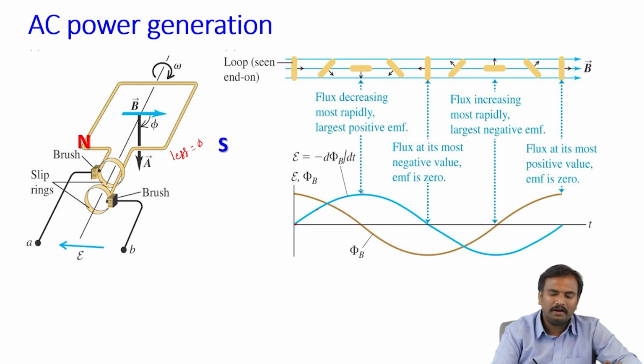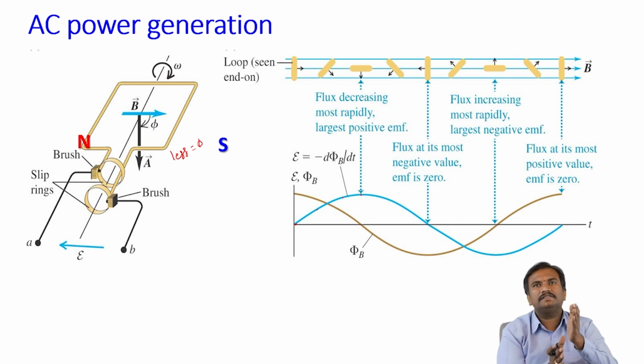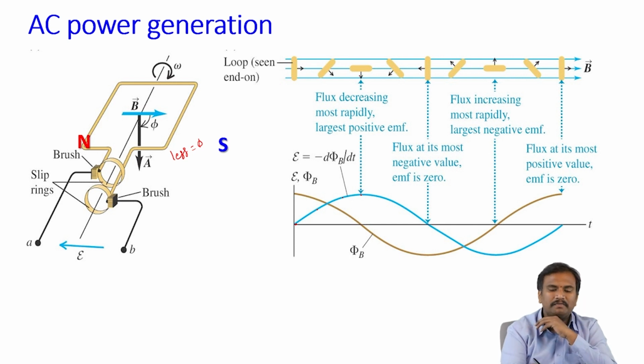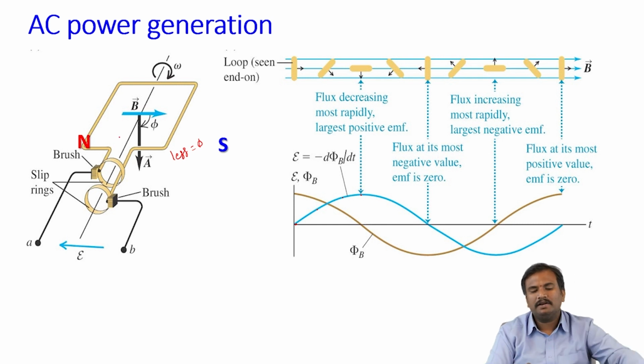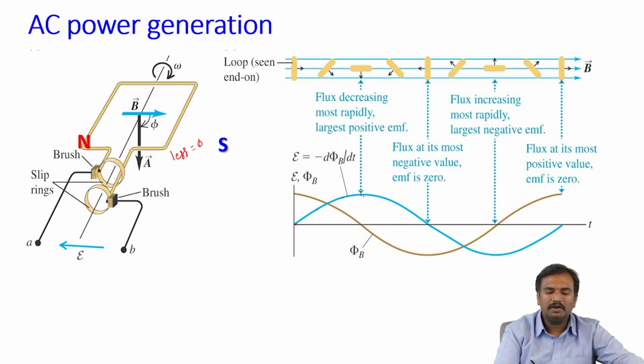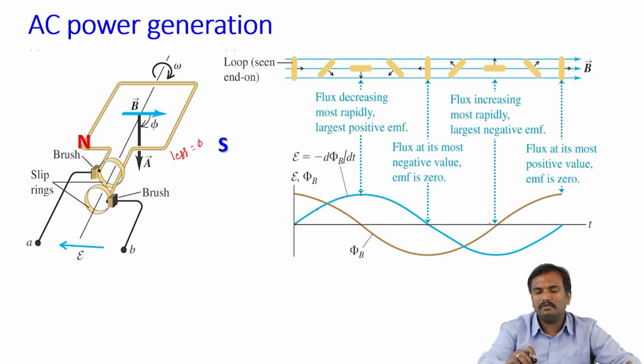If we go on increasing, at 90 degrees there is maximum flux linking with the conductors, so the maximum EMF will be developed. This goes on until the conductor reverses its polarities, and then the negative voltage continues as we go on changing the positions of the conductors. So this is for the first conductor.